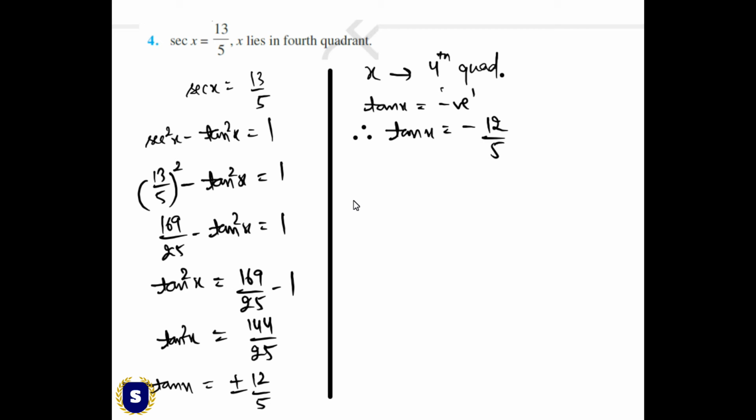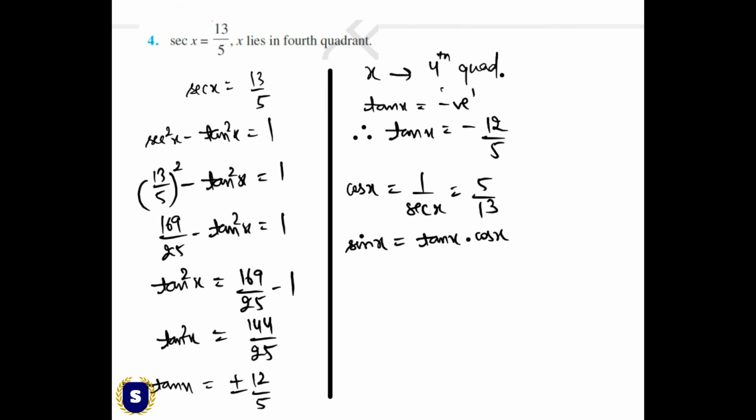So using the reciprocal identities, I can get the value of cos x as reciprocal of sec x, that is equal to 5 by 13. I can get the value of sin x by the formula tan x into cos x.